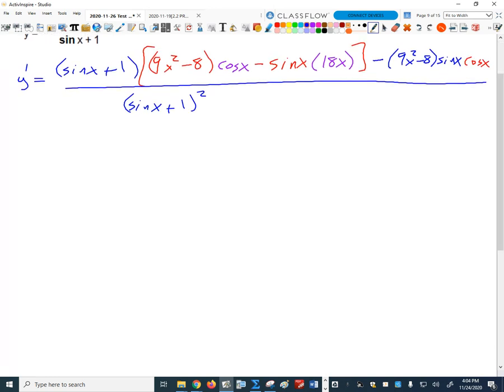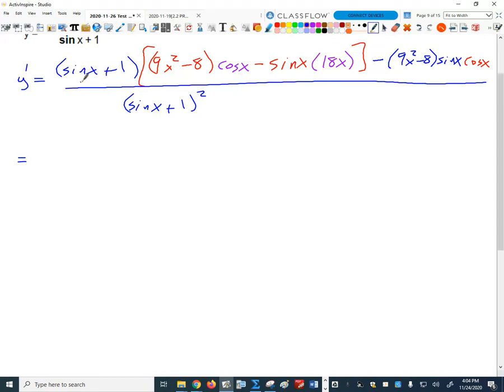Okay, so if we continue on then, what can we do here? So one thing we can do is, this is going to be kind of a mess a little bit, but let's just distribute, rather than having to expand this whole thing out, we can simplify this just a bit.